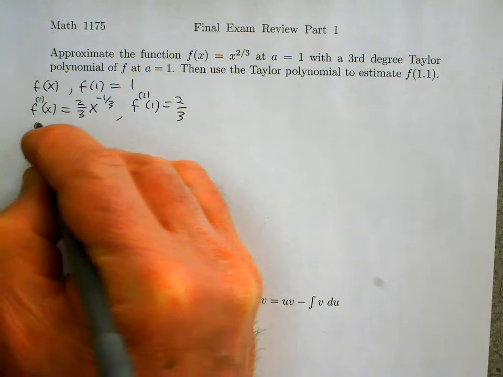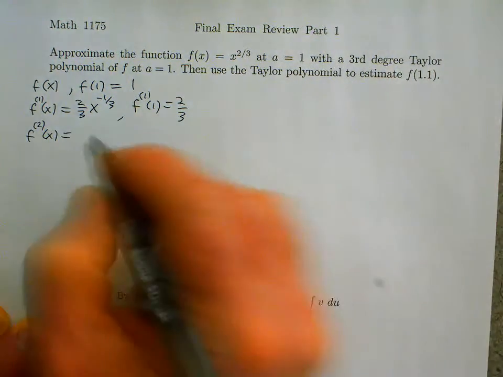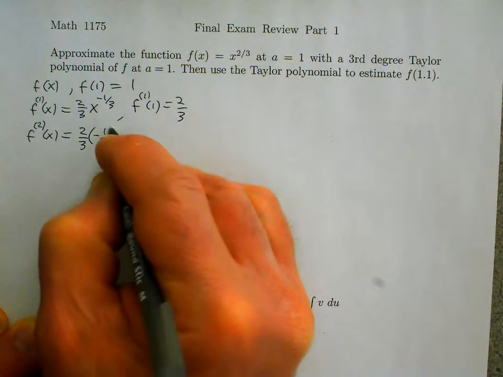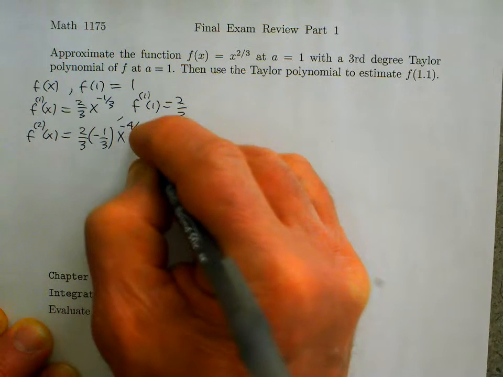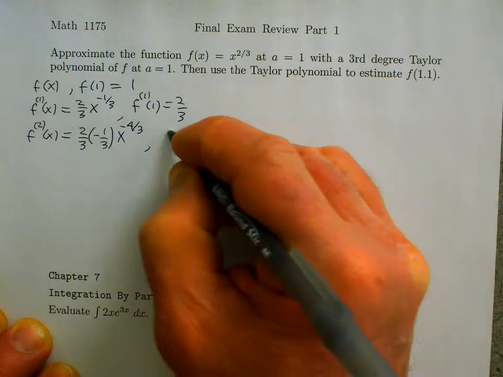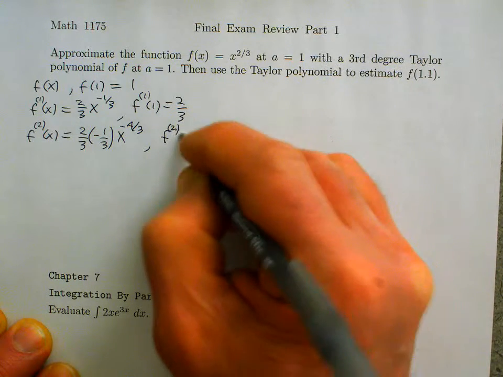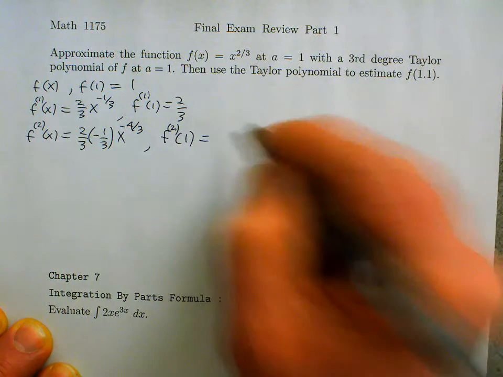Then the second derivative is 2/3 times negative 1/3 times x to the negative 4/3. Evaluating the second derivative at a equals 1, we get negative 2/9.